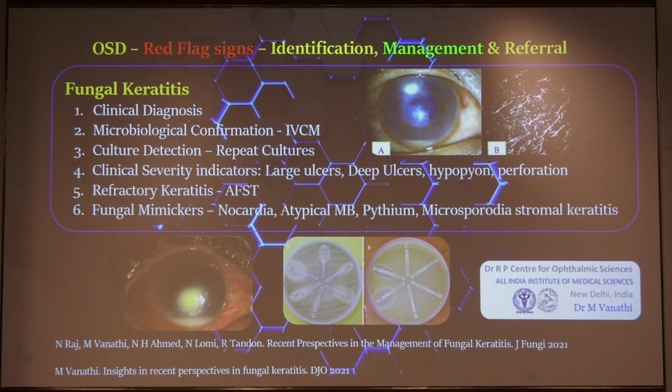If you have access to confocal microscopy, please do it early, because you need certain clear spaces of the cornea, and you need the patient to be more cooperative for you to image better to pick up these fungal hyphae.